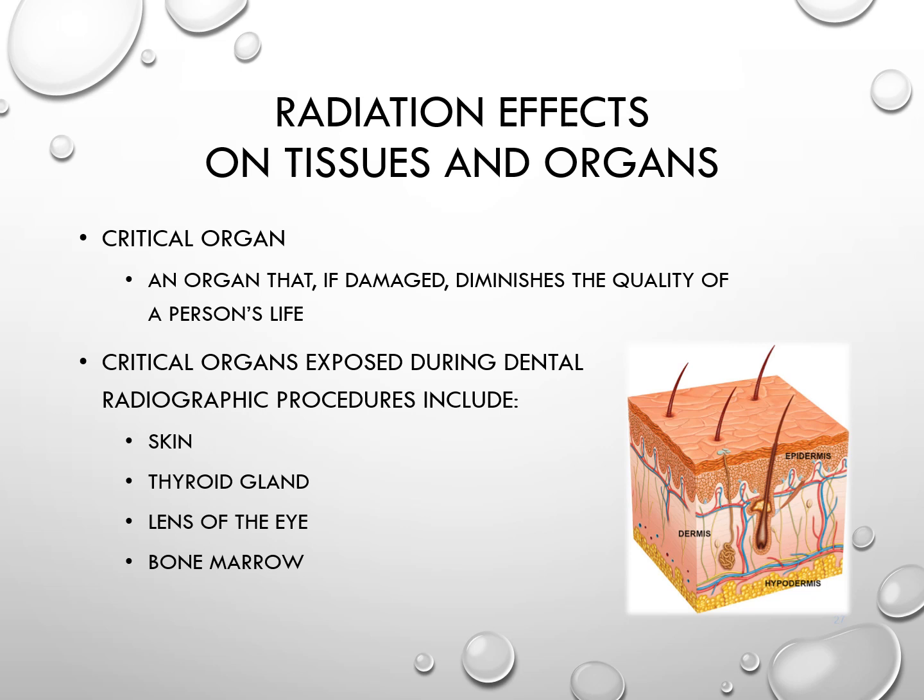And then bone marrow as well. While the bone marrow that is present in the head and neck areas that we take radiographs of isn't a lot, there is some. And so we need to be aware of these four types of critical organs that we are exposing to dental radiographs on a daily basis.